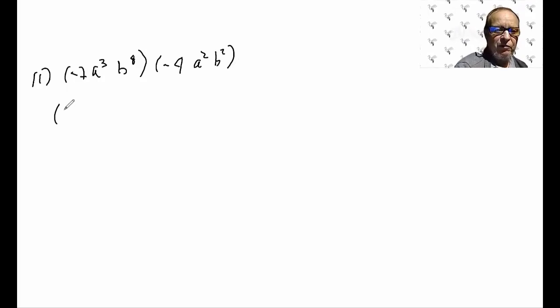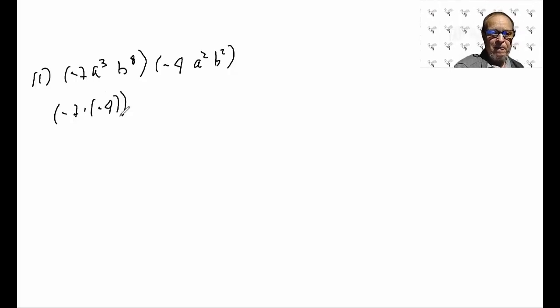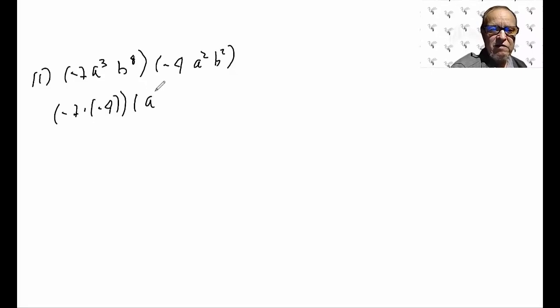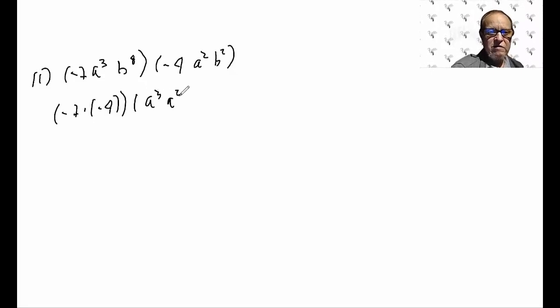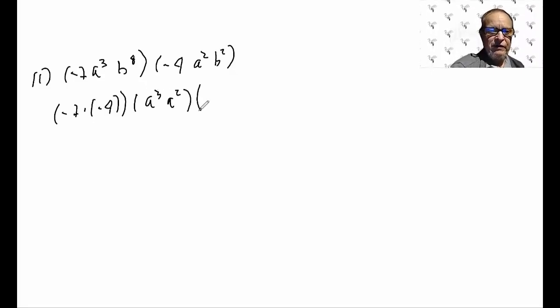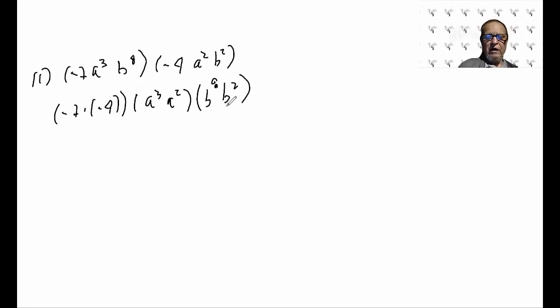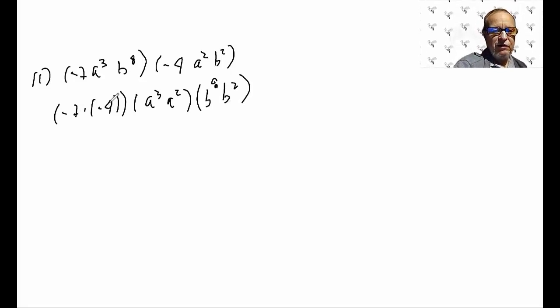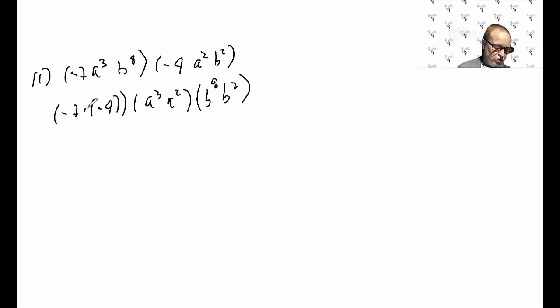So again, I'll put my numbers in one bracket, and I'll put my a's in another bracket, put my b's in another bracket, and now I'm going to use my product rule for these two, but I'll just use regular multiplication here.